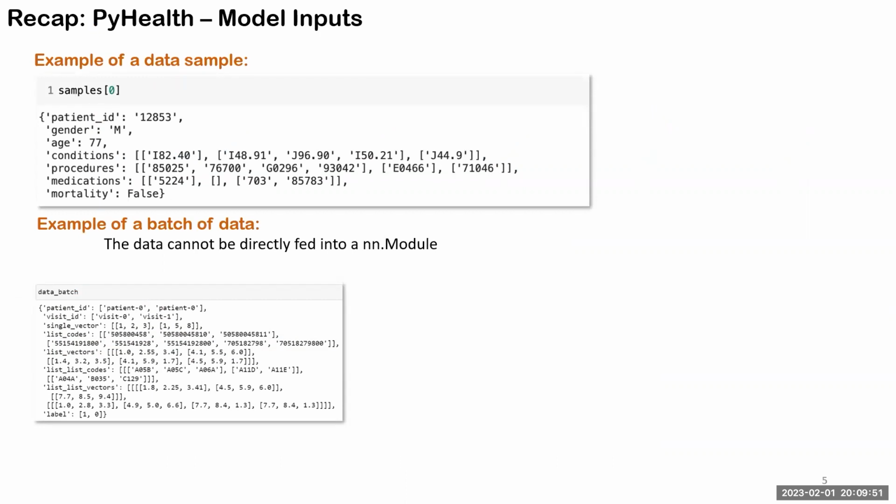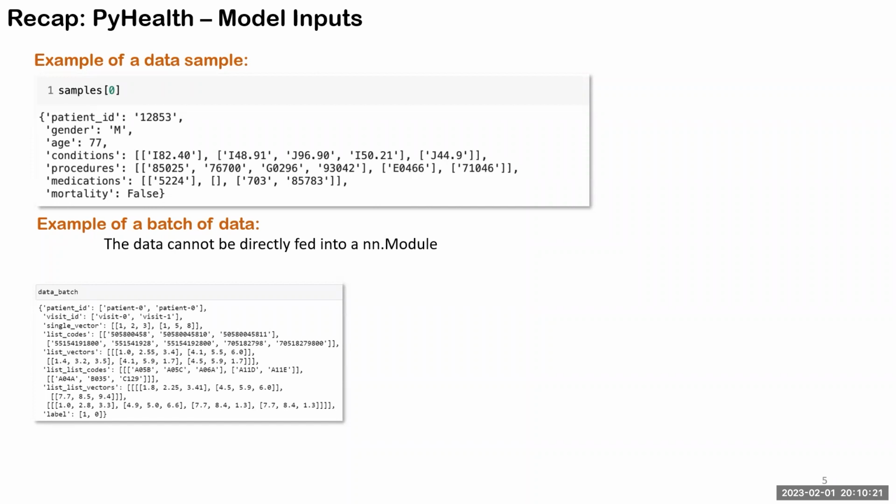First of all, I want to do a quick recap of the data input to the models, because essentially we are swapping a component in the pipeline. So we need to know what's the input to this thing that we're going to build and what's the output that we should return. In PyHealth, we process the patient data into structured data formats like the one listed above. I'm showing one example there.